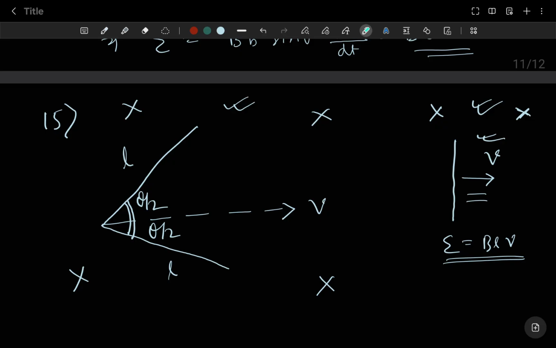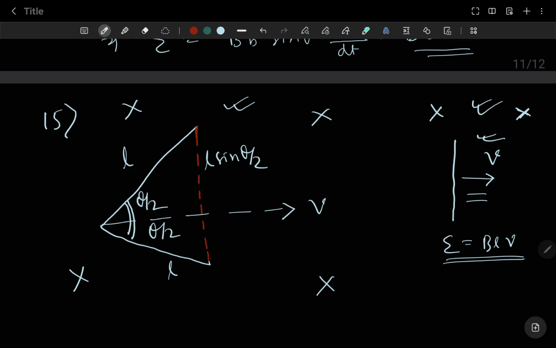So if you join this length, and this much also, this is L. You see the perpendicular length here is coming out to be L sin theta by 2.